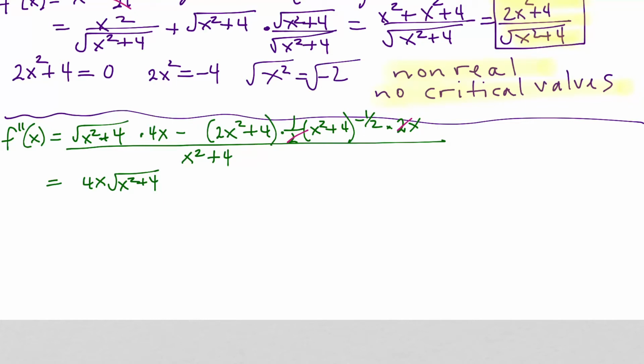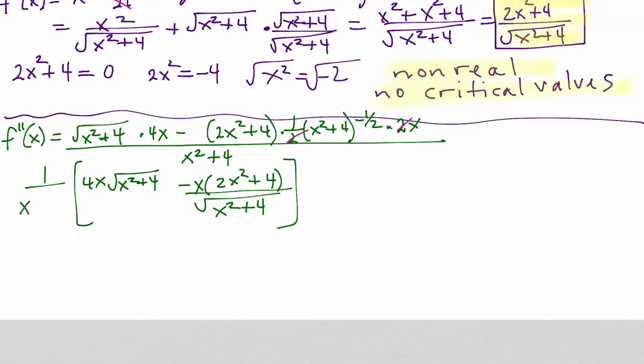Then we've got minus (2x squared plus 4), and there's an x as well, divided by the square root of x squared plus 4. So that's just my numerator. Let's put back on here my denominator so I don't forget it. Let me just put it over here. All right, that's my denominator.